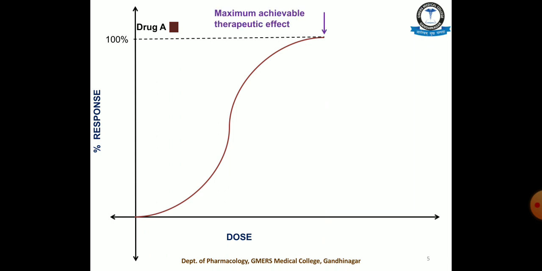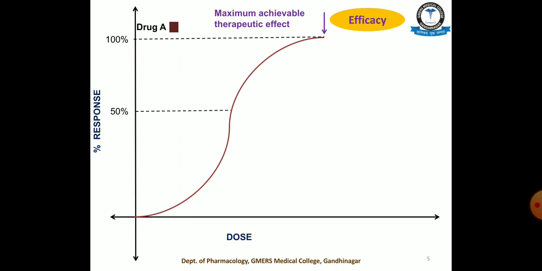It means that beyond this, even if you are increasing the dose, the response is not going to increase. So this is known as the maxima, and this is defined as efficacy. So efficacy means the maximum achievable therapeutic effect with the drug.